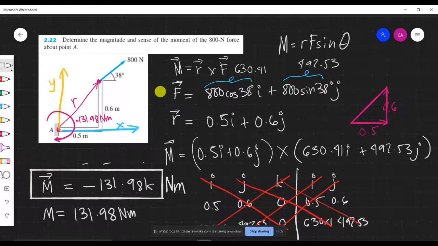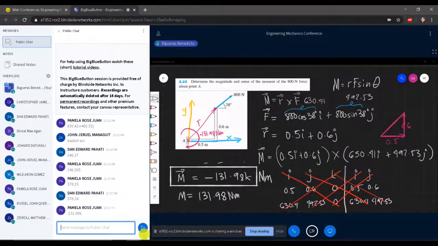Yun yung importansya ng vector. Nalalaman natin saan yung rotation niya, rather than puro magnitude lang. Okay? So, ganun natin siya isosolve. If the problem is asking you what is the moment with respect to a point, so we just multiply R cross product with F. Ganun siya.